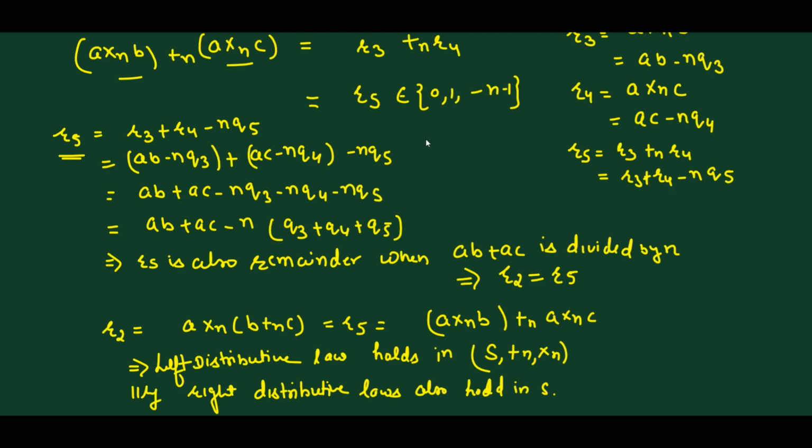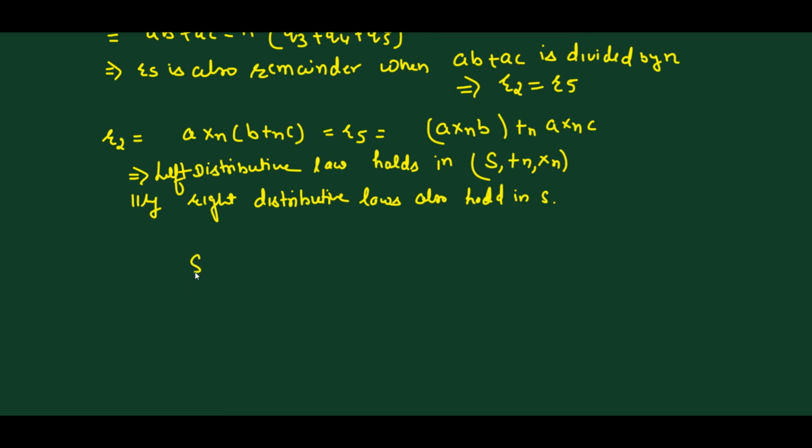It means you can say that the multiplication modulo n is distributive over addition modulo n. So from this onward, we will denote this set S by Zn.